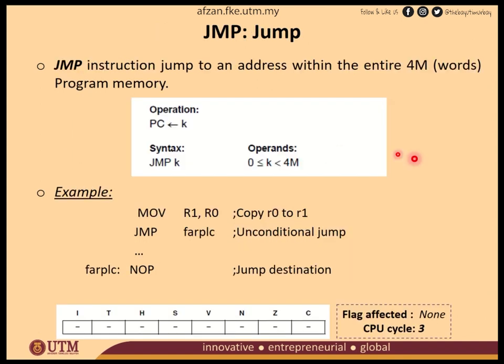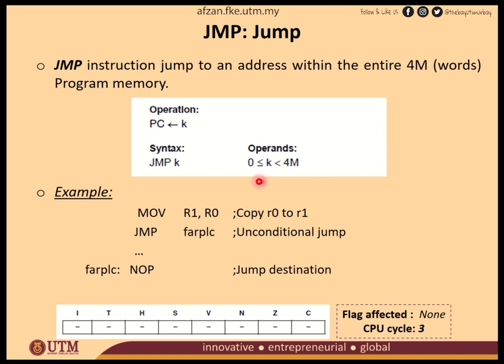The first instruction available in unconditional branch is JMP. JMP stands for jump. This instruction jumps to an address within the entire program memory. It depends on your program memory, your flash memory. For ATmega32 we have 32 kilobytes of program memory, so it can jump from address 0 to the end address of our program memory.